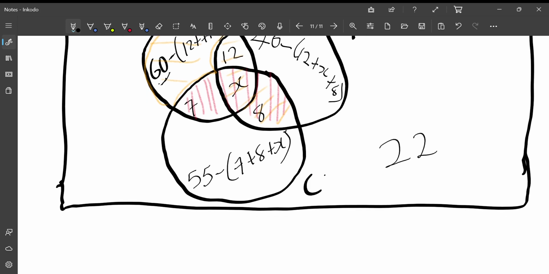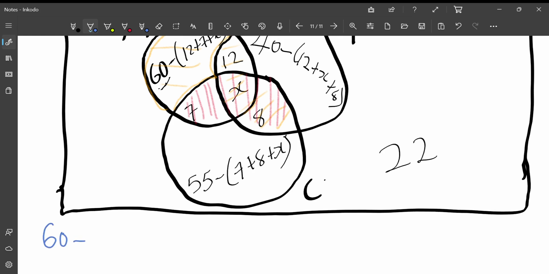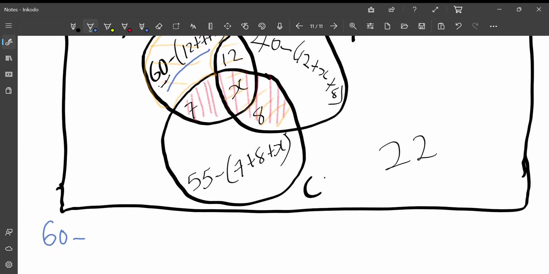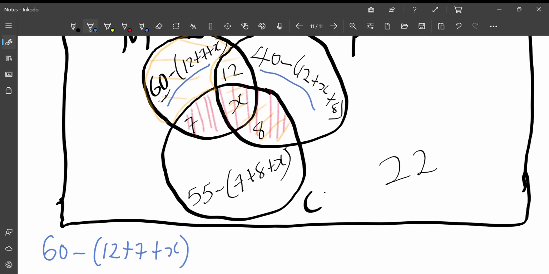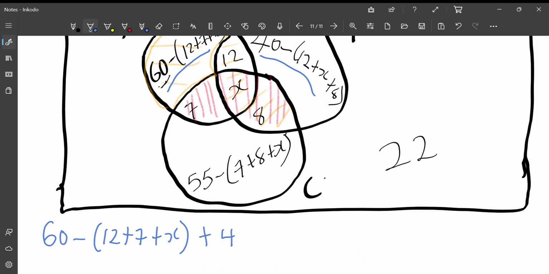Let's start from the mathematics side. What this simply means is, for mathematics, I have 60 minus (12 plus 7 plus x). All right. Now, let me go to physics. I like to write the longer ones first. Plus 40 minus (12 plus x plus 8). Now, let's go to chemistry.